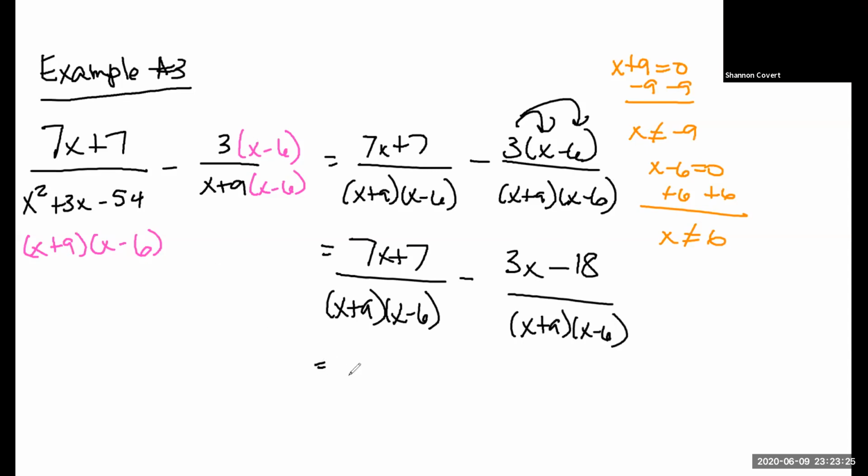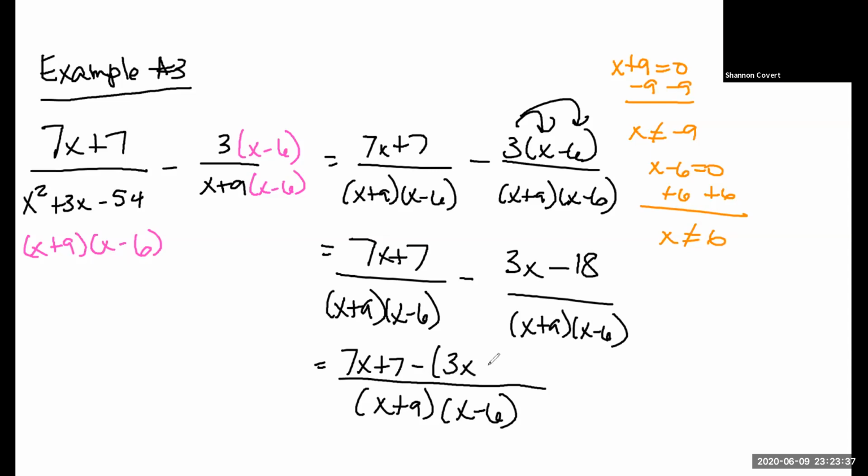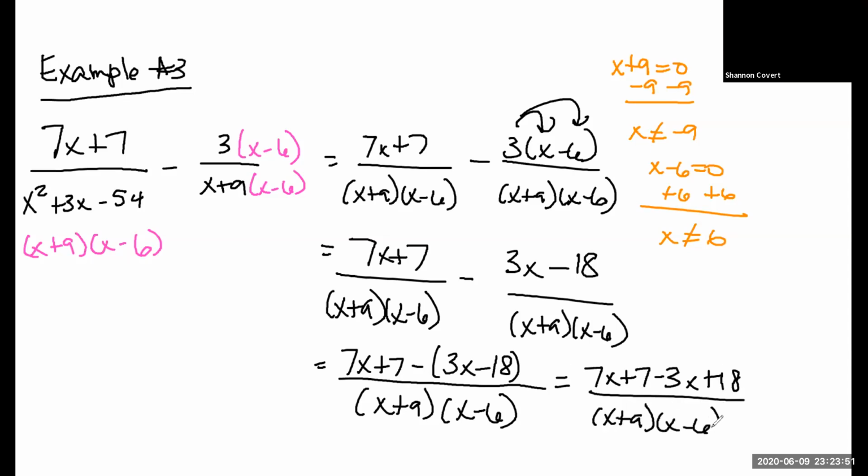I'm ready to start with my big fraction bar. My denominator is (x + 9)(x − 6). And I have 7x + 7 minus my entire numerator, which is 3x − 18. So (7x + 7 − (3x − 18))/((x + 9)(x − 6)).